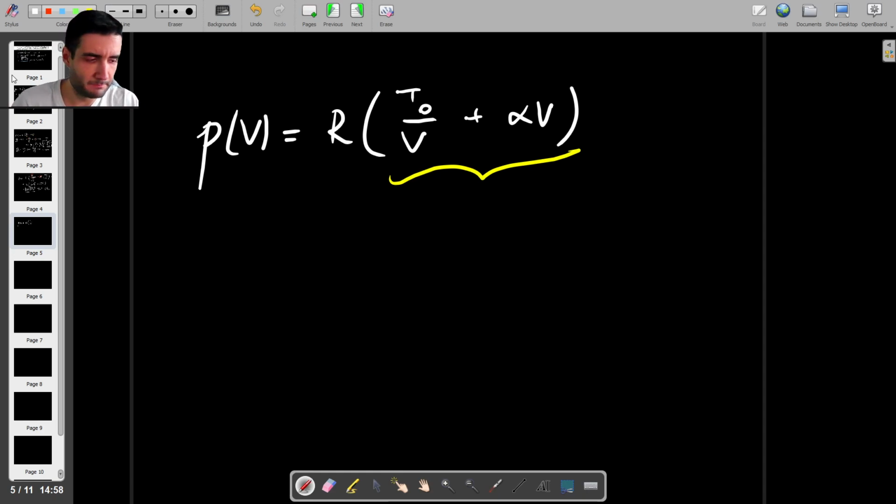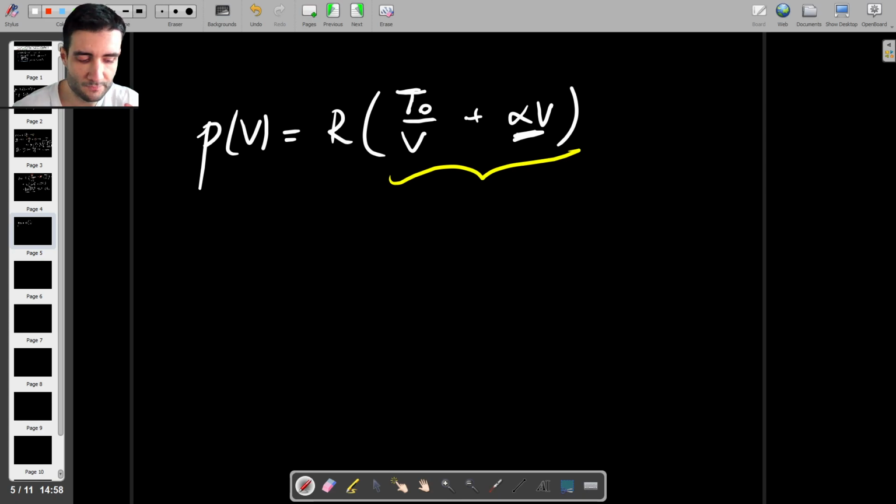There is a kind of theorem, but it still stems from calculus in a way, which says that if you have two variable terms, which you do, so you have T0 over V, which depends on V, and this other term, which also depends on V.